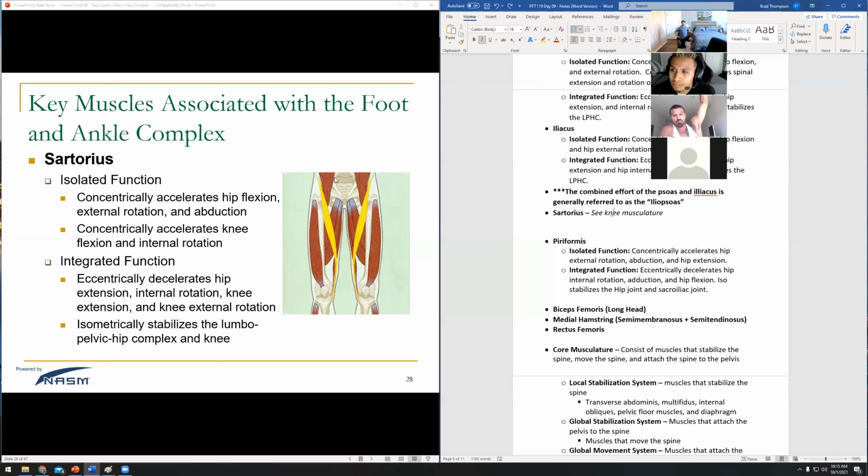Now, one thing I need to do on this, I need to make sure I'm not arching my low back, because that allows my psoas to relax. So what I need to do is squeeze my glutes and posteriorly tilt my pelvis and then come forward. And if I do that, I'm really going to be getting a good stretch there.